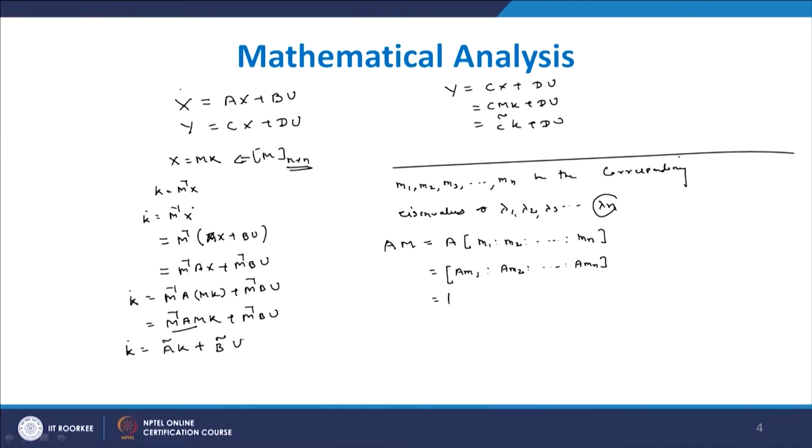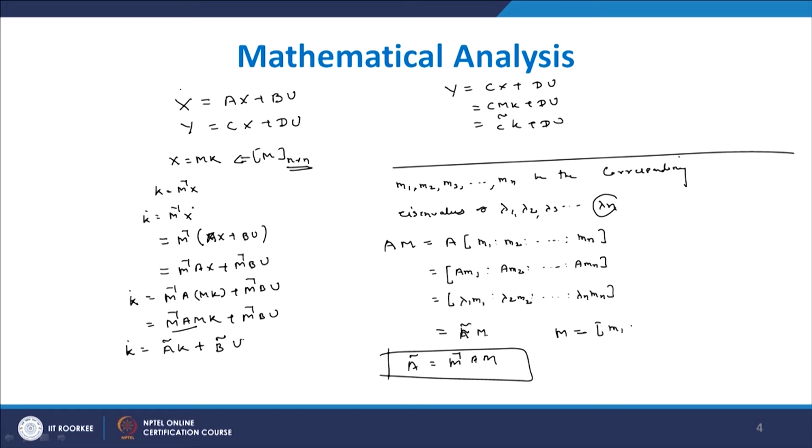So we can write down lambda 1 into M1, lambda 2 into M2, up to lambda n into Mn, and this can be written in terms of A bar M, where this A bar equals to M inverse AM, and M is the model matrix, and this M can be written as M1, M2 up to Mn.